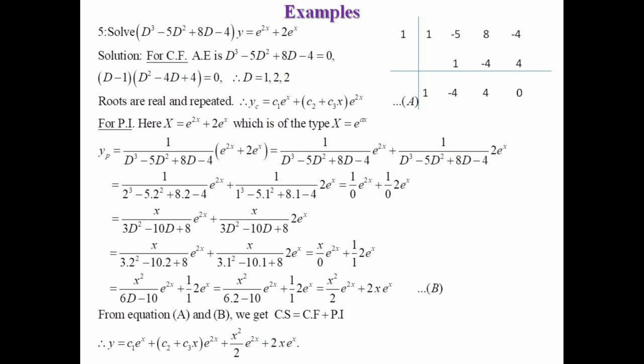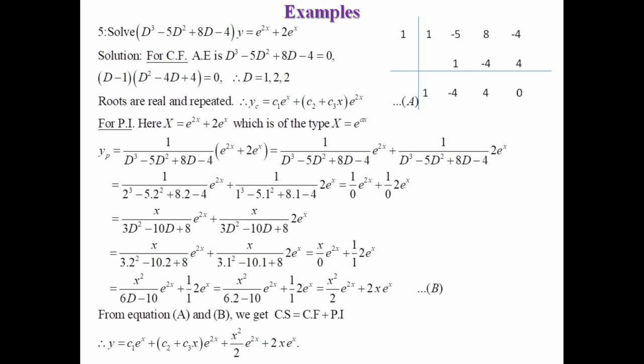So in the first term replace D by 2, and in the second term replace D by 1. In both cases, when we replace D by 2 in the first term and D equal to 1 in the second term, we get the denominator for both terms as 0. Whenever we get the denominator as 0, multiply the numerator by x and take the derivative of the denominator.